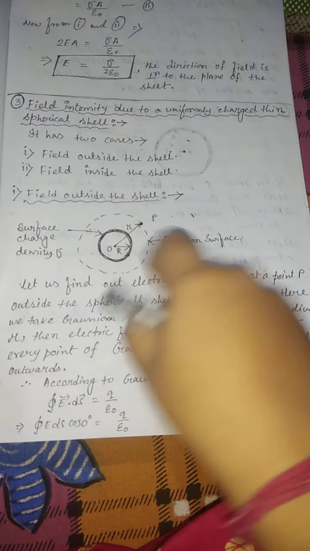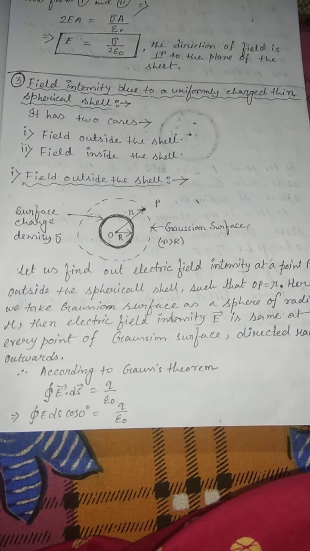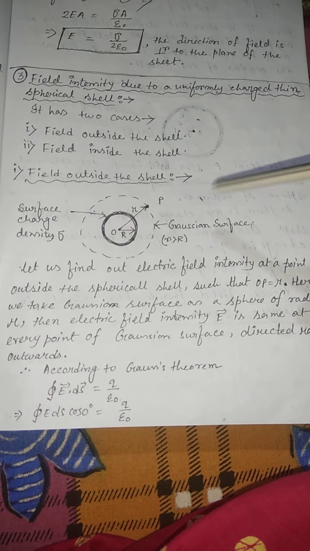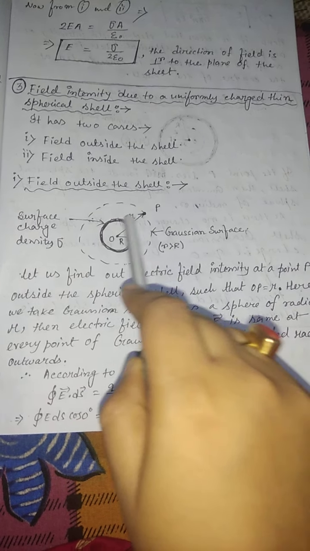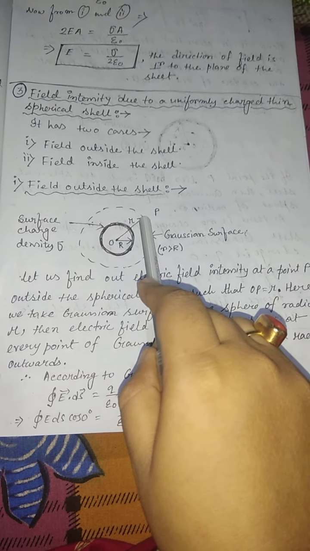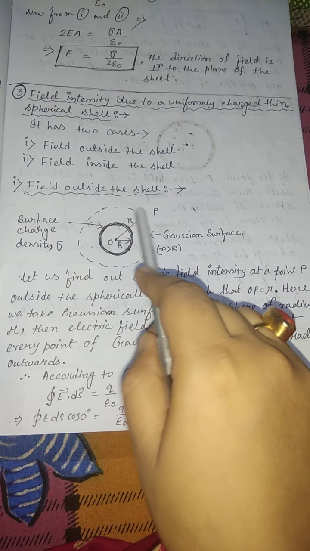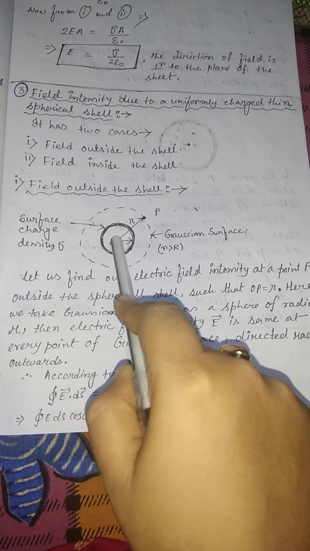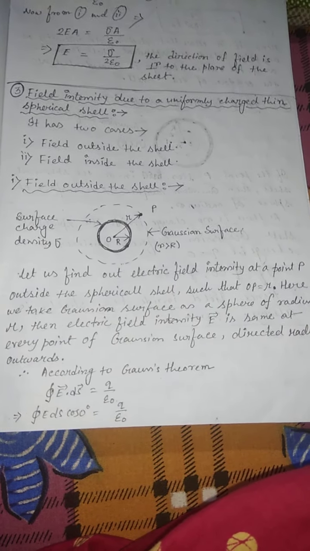That means this shell has some charge. But remember, in this case, small r is greater than capital R. That means the distance from the point where we calculate the electric field to the center of the spherical shell is larger, and the radius of the spherical shell is capital R.